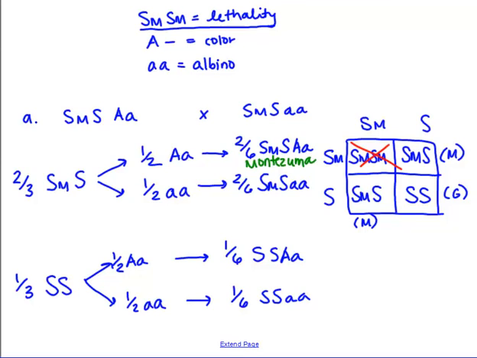This other 2/6 is SM, S, which you would guess Montezuma, but because it's homozygous recessive at gene A, it's albino. Down here, being SS, big A, little a, means that they're gray, and they can be colored because they have the one dominant allele at gene A. And this one, because it's homozygous recessive at A, is again albino.